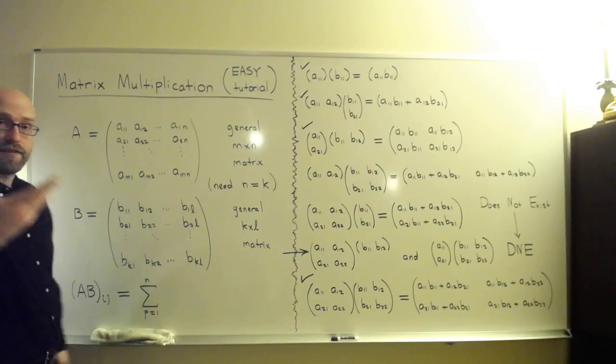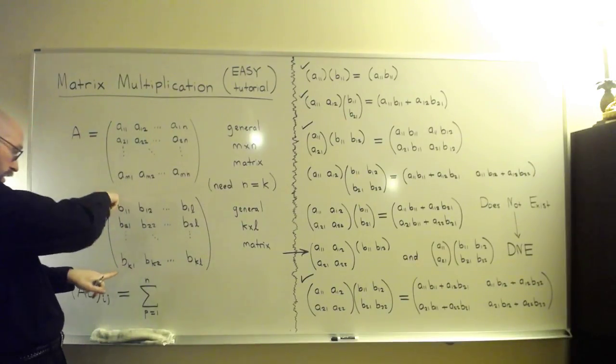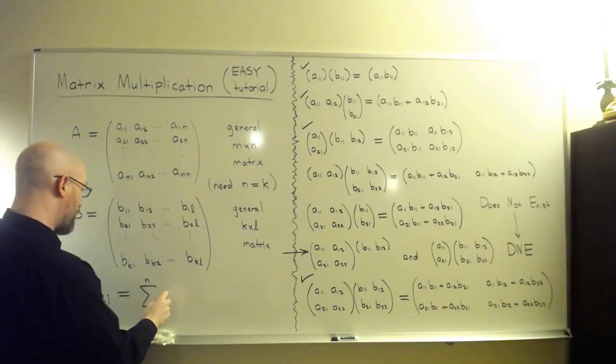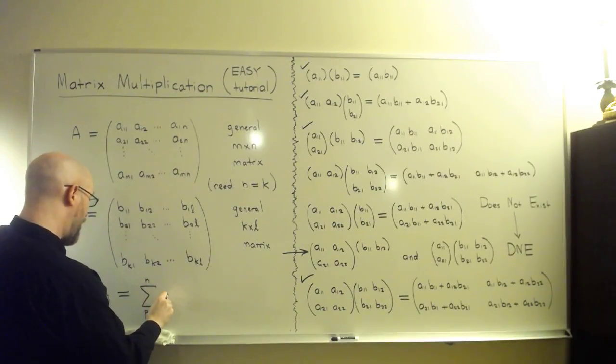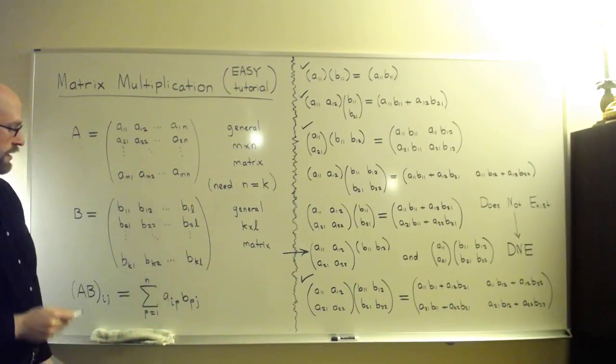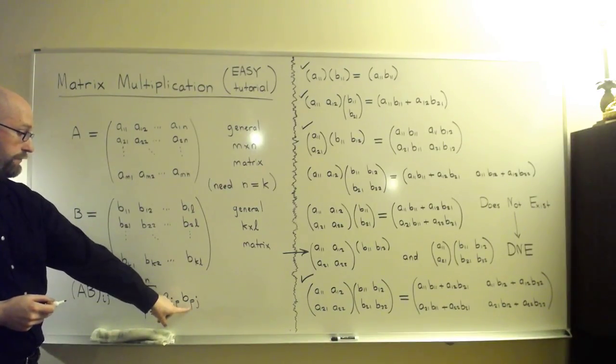It is the common size of a row in the first matrix or a column in the second matrix. So it's a sum, and then I'm going to take the entry A, I, P, B, P, J. Now notice the P here and the P here is the same.